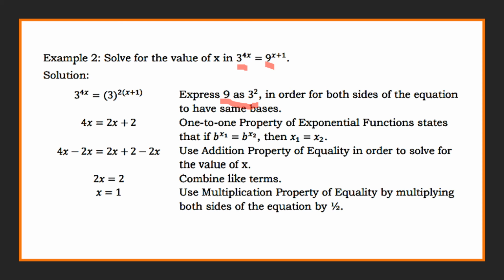So, 4x equals 2x plus 2, bakit naging 2x plus 2? Distributive property of multiplication over addition. 2 times x, 2x, 2 times 1, positive 2. Then, transposition or use APE or addition property of equality. So, 4x minus 2x equals 2x plus 2 minus 2x. So, 2x equals 2, x equals 1.